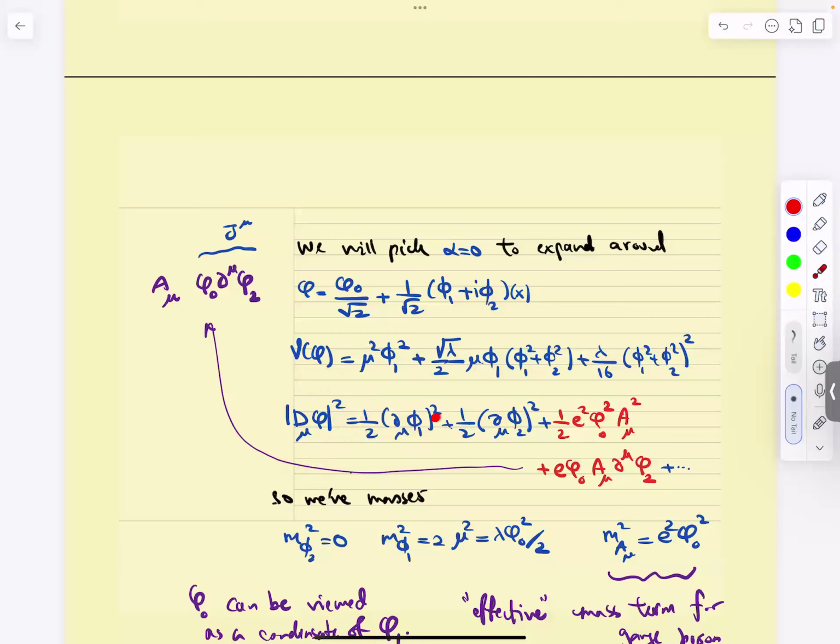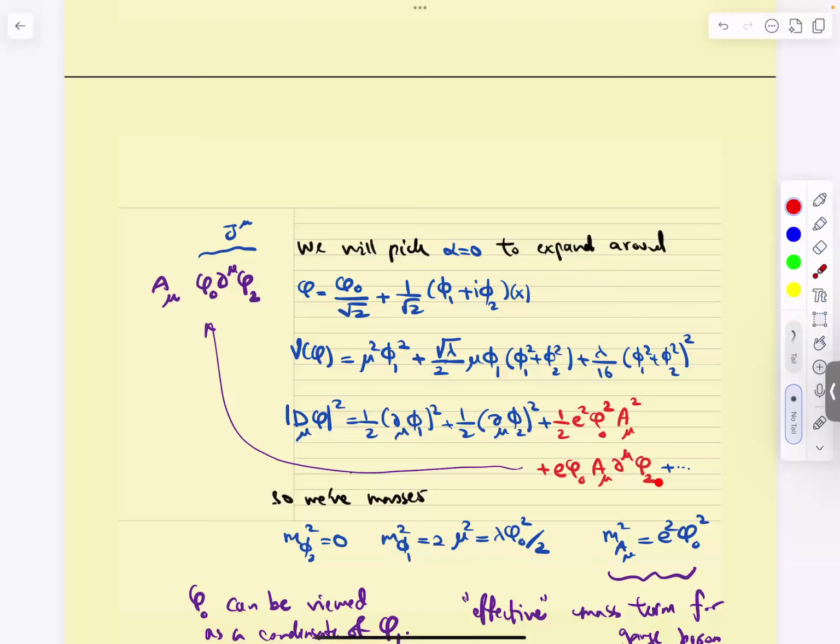You're going to get del mu of phi 1, del mu of phi 2. You're going to get a mass term for A mu. This is your first indication of a massive gauge boson. Then you're going to end up with this term, which is phi naught A mu del mu of phi 2.